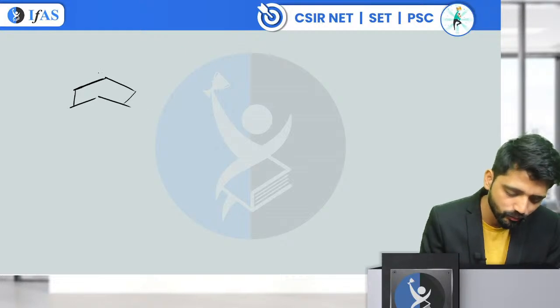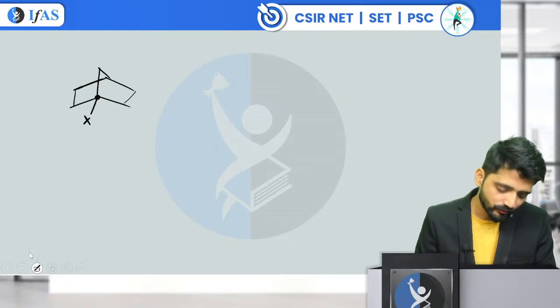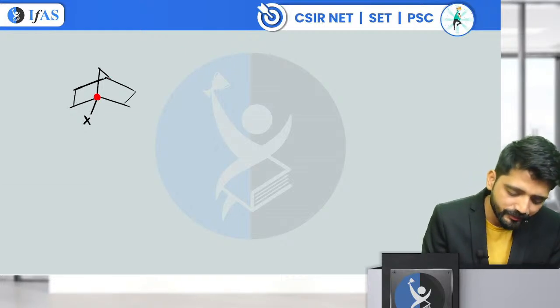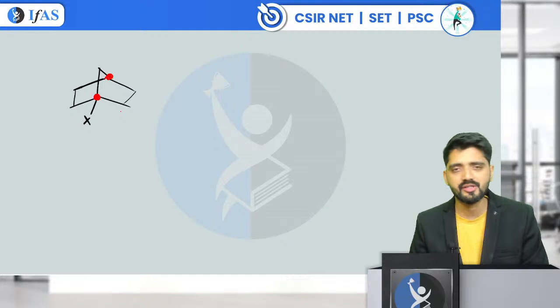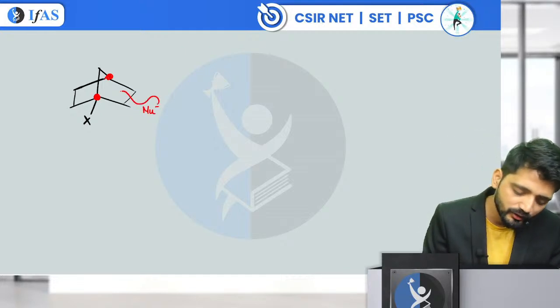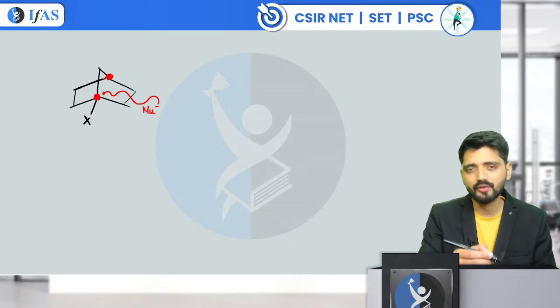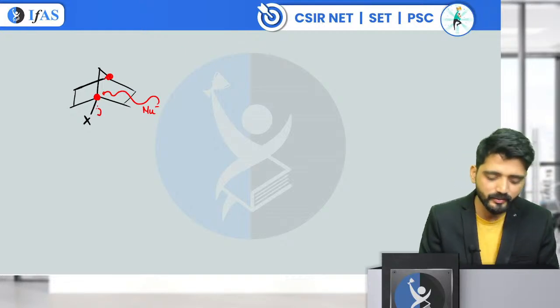If I draw a norbornane, let's suppose, and we have an X group present at this center. Now, we all know that this is a bridgehead center and this is also a bridgehead center. Whenever we perform an SN2 reaction, the nucleophile attacks from the backside of the leaving group, and it will be eliminated.